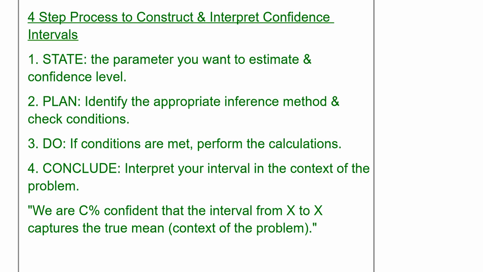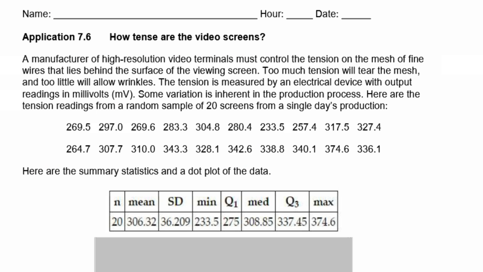So at this point, you're going to continue using these ideas in your application for 7.6, talking about how tense are the video screens. And as long as you read through, mark the important givens in the problem, you should be okay going through your four-step process, just like we did here in our lesson for 7.6, which was similar to what we did in our lesson for 7.4, to come up with your results.